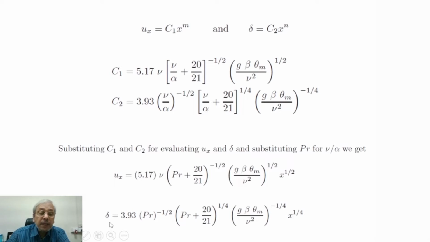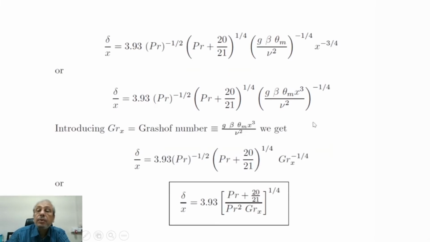If we try to obtain delta by x, then these terms will remain the same. x will go to the denominator on the left hand side, and this x power will be minus 3 by 4.